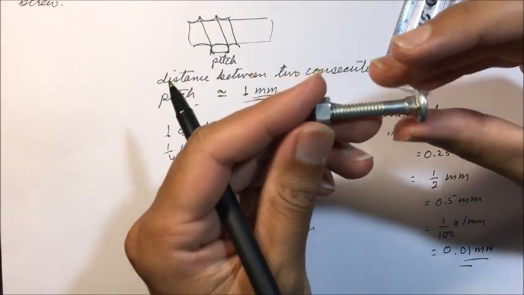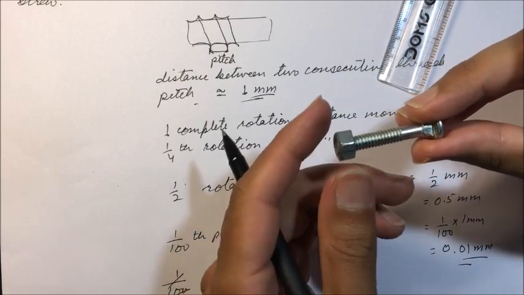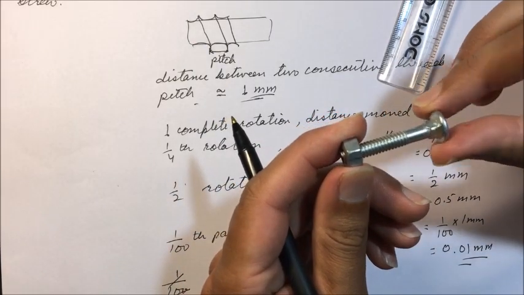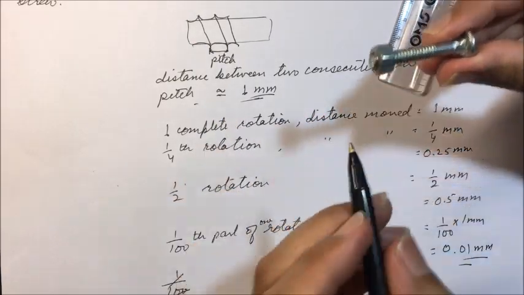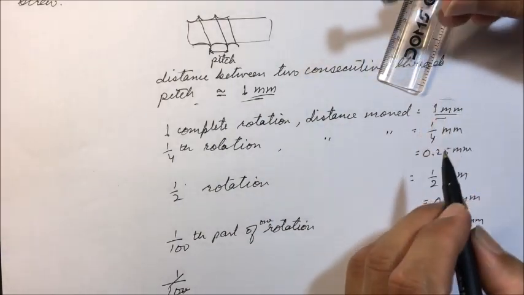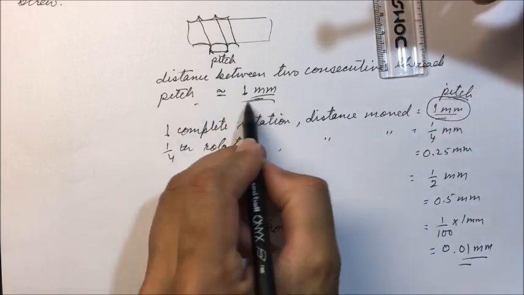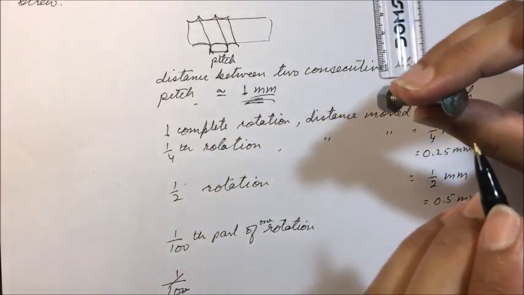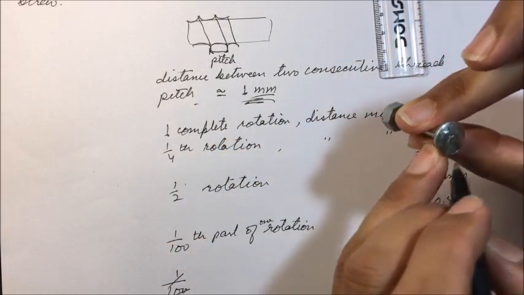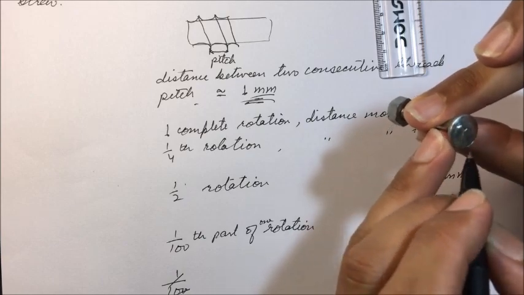Therefore, we can say when I rotate by one rotation, it moves by 1 mm, and that is the pitch of the screw. This is the circular head, and I have divided it into 100 parts.